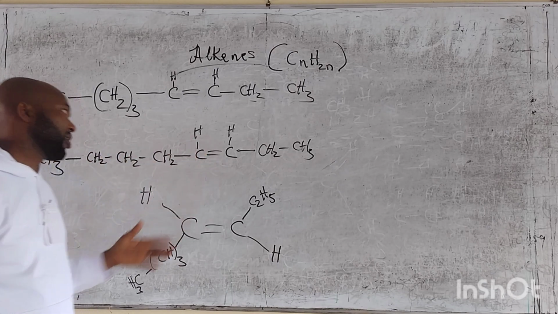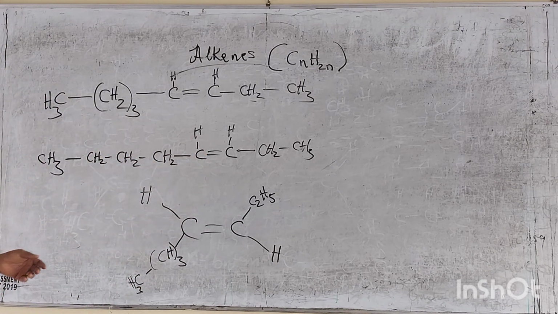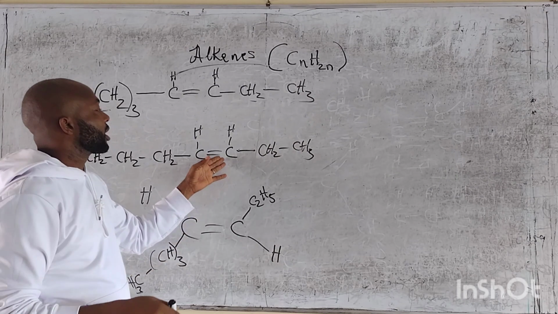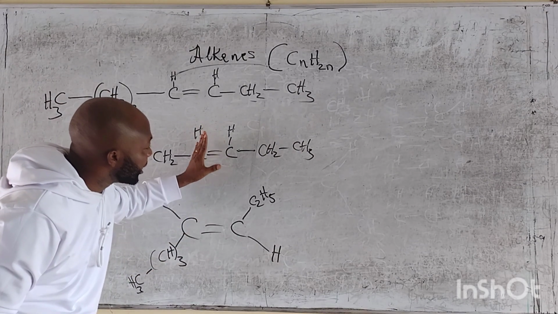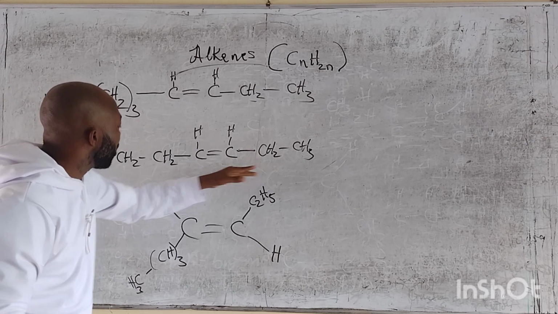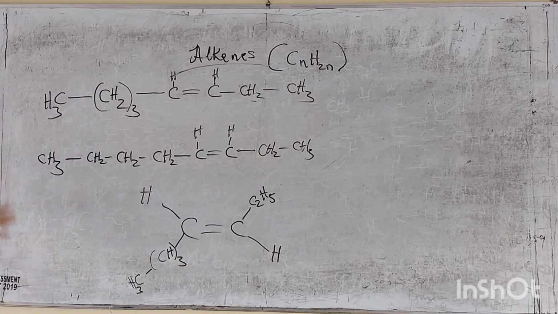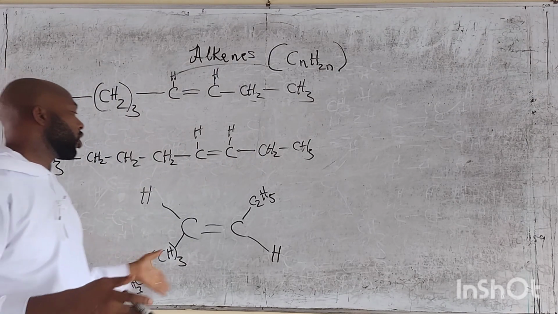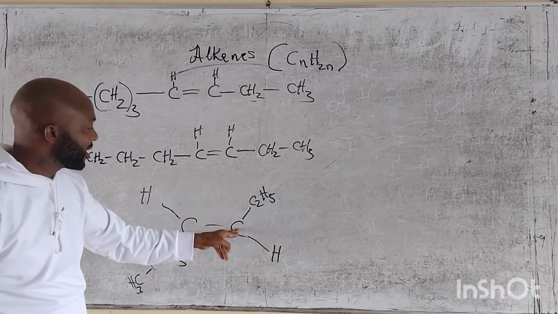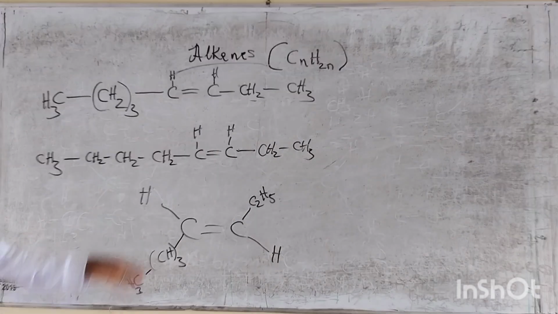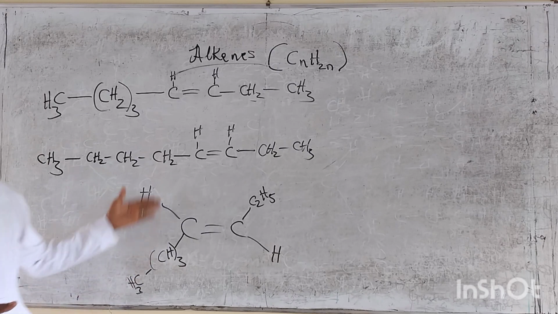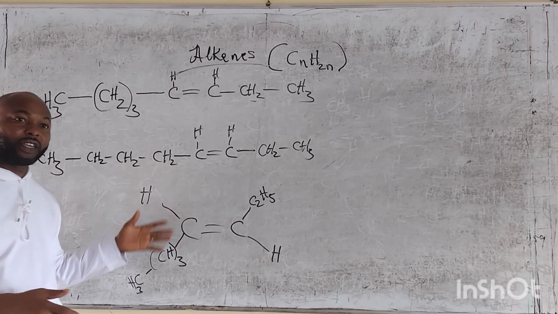Oct-3-ene, or 3-octene, because it is 8 carbons. So if you want to call this, you call it trans-3-octene because it is in the trans form. If I put it in the cis form, you call it cis-3-octene.